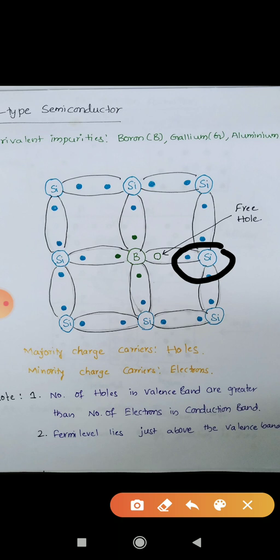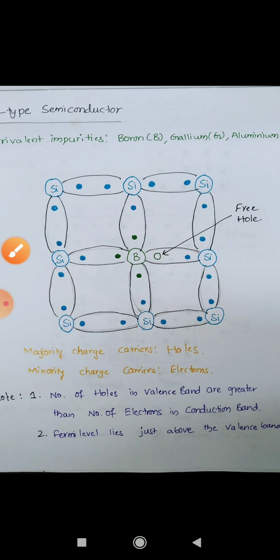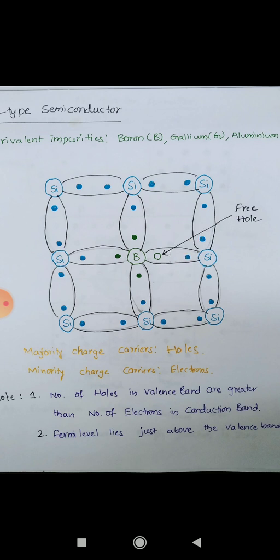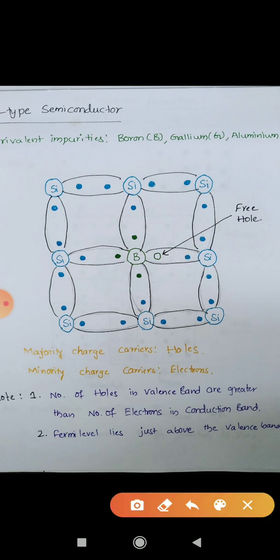In this way, a small amount of boron, suppose you add a few milligrams of boron, can generate millions of free holes. So adding trivalent impurities to a pure semiconductor generates free holes. In a p-type semiconductor, the majority charge carriers are holes and minority charge carriers are electrons.